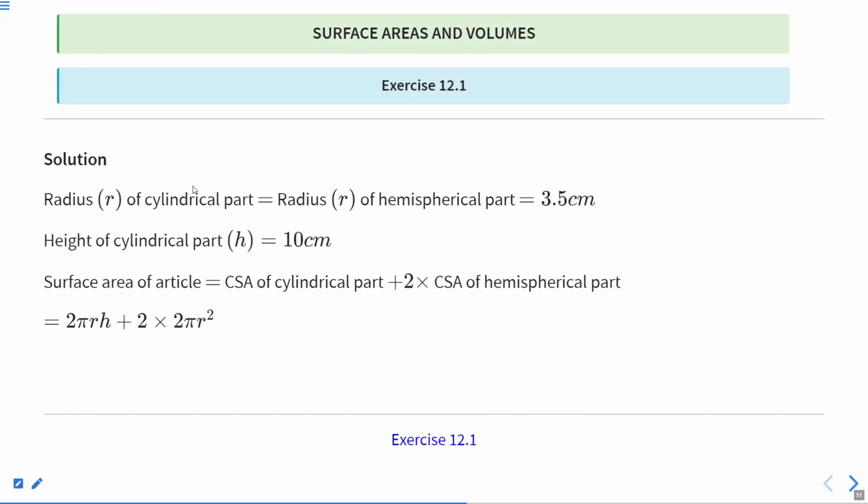So the radius of the cylindrical part and the radius of the hemispherical part is equal to 3.5 centimeter. Height of the cylinder part h is equal to 10 centimeter, and the surface area of the article is curved surface area of cylindrical part plus 2 times curved surface area of hemispherical part, and this is equal to 2 pi rh plus 2 times 2 pi r square.